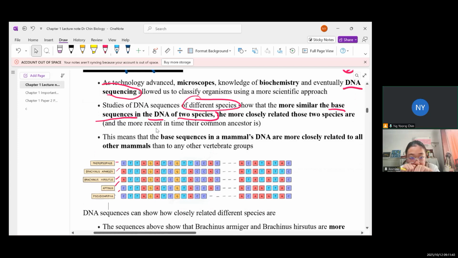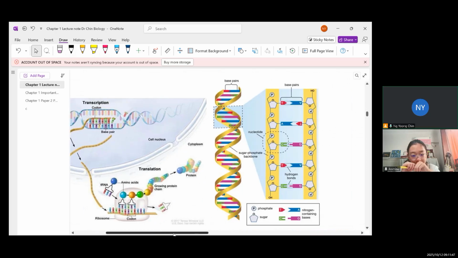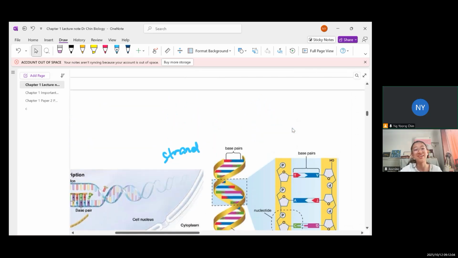Let's talk about DNA first. DNA is something like this. How many strands are found inside DNA? It's about 2. Yes. So DNA, we call it double helix.